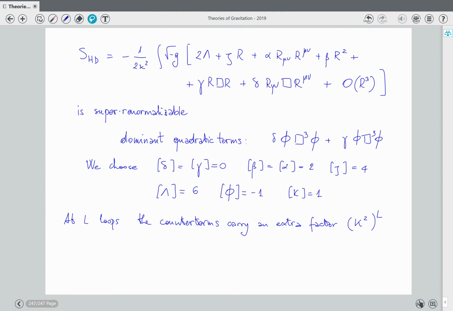So at 1 loop it has dimension 2, at 2 loops dimension 4, at 3 loops 6.